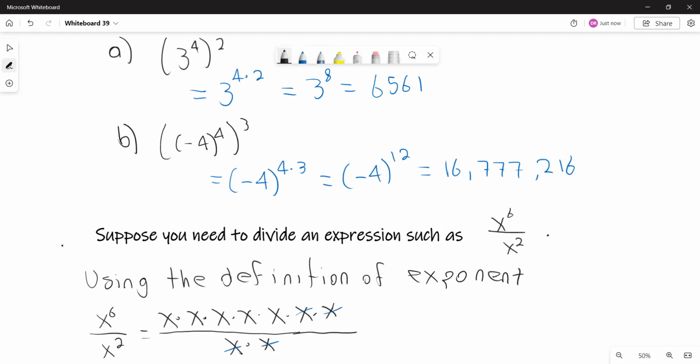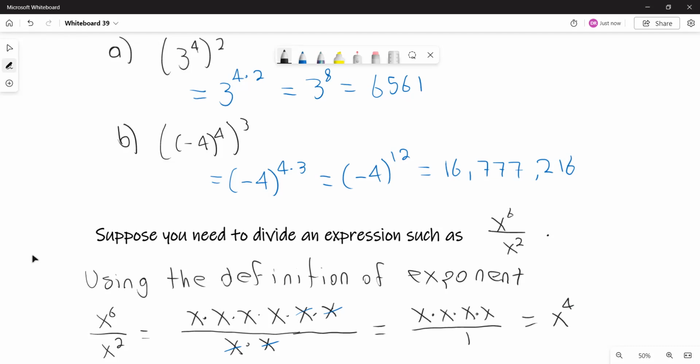Actually, I multiplied this 7 times; I multiplied an extra x. So this is a product of 4 x's over 1, or x to the fourth.